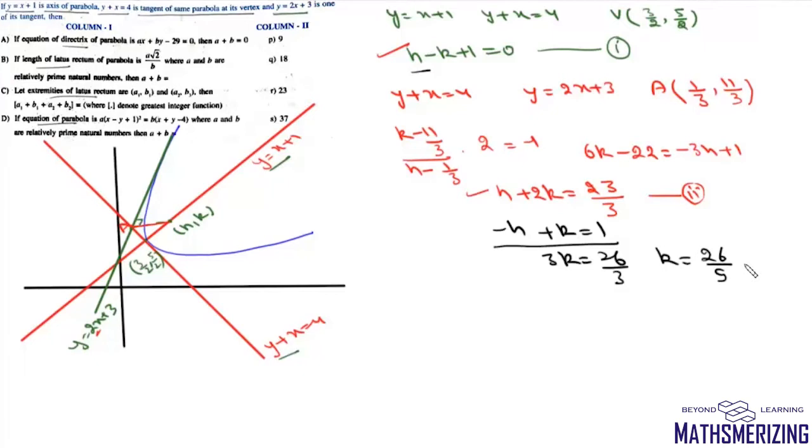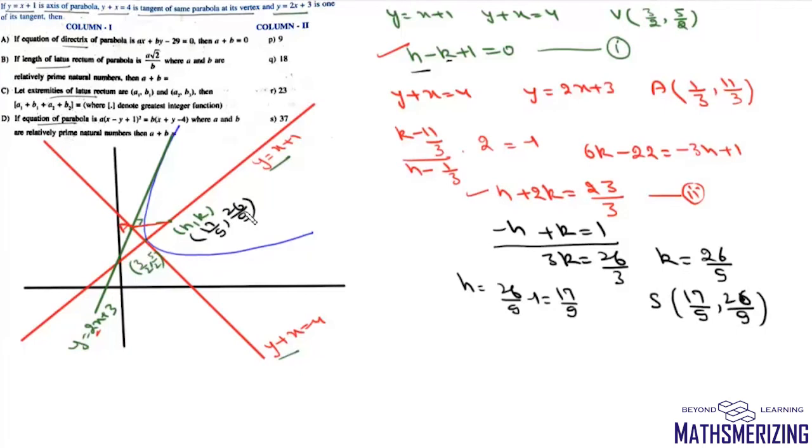And if we put the value of k in this equation, we'll get h as 26 by 9 minus 1, which is 17 by 9. So the focus of this parabola is at (17/9, 26/9).